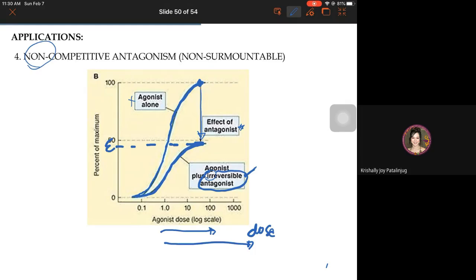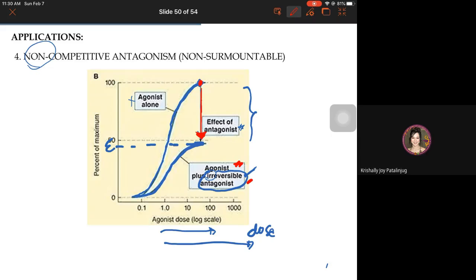And that is shown in this illustration. Even if we increase the dose, whether we shift or do not shift to the right, the effect of the agonist will go down. This is how large the decrease is. From the maximal, this is the maximal with agonist plus an irreversible antagonist, the efficacy of the agonist has decreased. It was antagonized, it blocked the effect of the agonist.